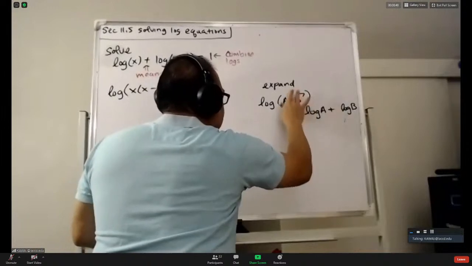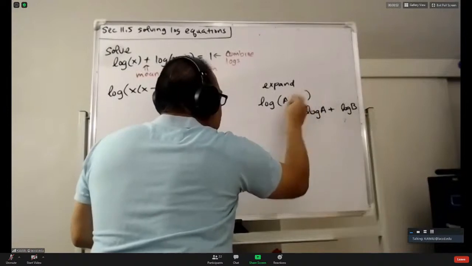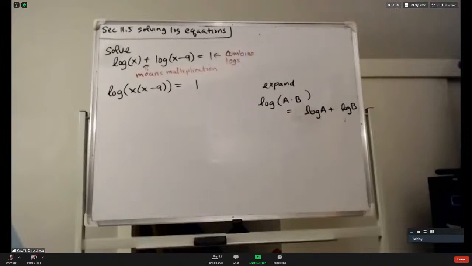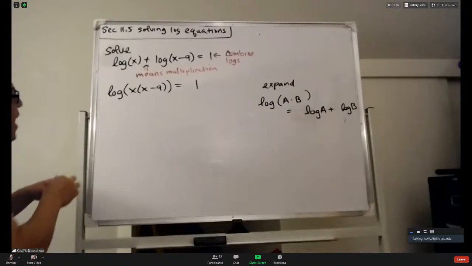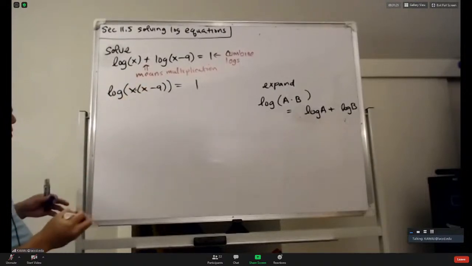The exponents and coefficients go away. So whenever I have an addition, it turns into a multiplication when I combine the logs together. So that addition right there turned into this multiplication right there.